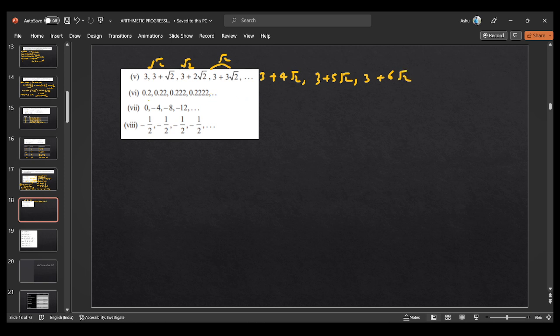Now 0.2, 0.22, these are not the same because the number is increasing exponentially, so the difference will be increasing.